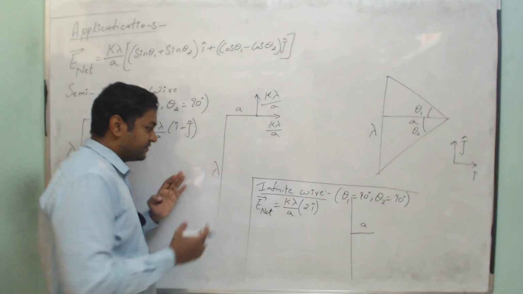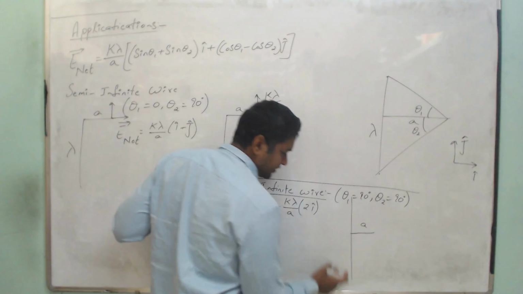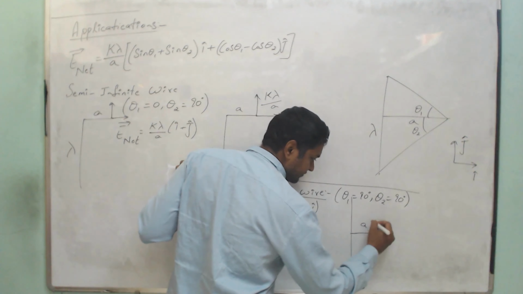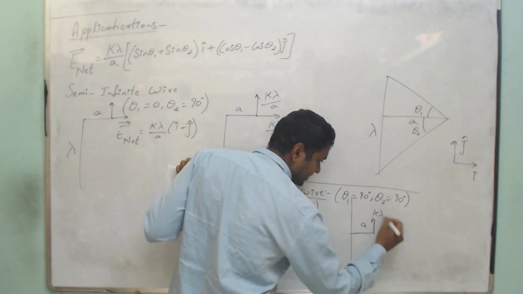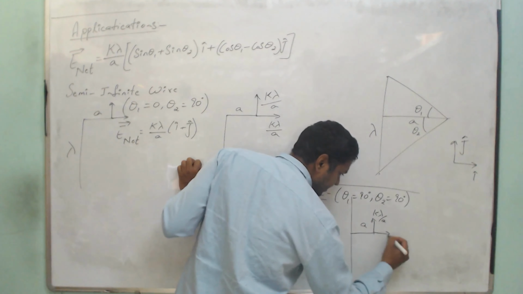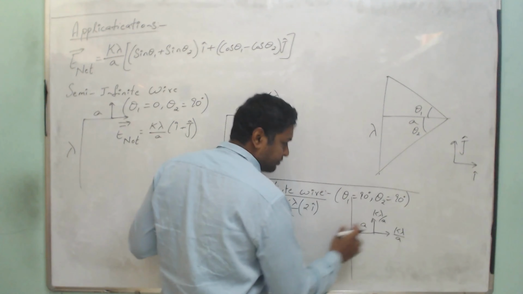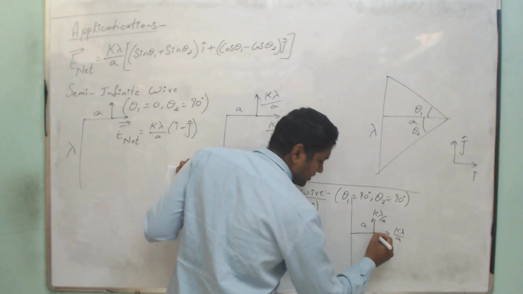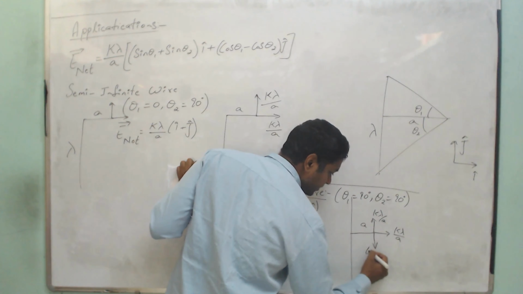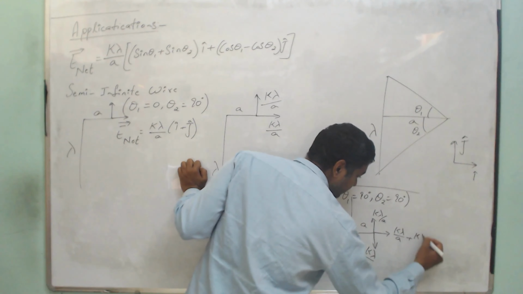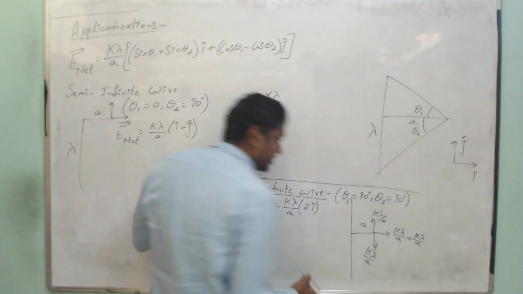For the upper half of the semi-infinite wire, I have K lambda by A in the downward direction and K lambda by A in the right side direction along I cap.